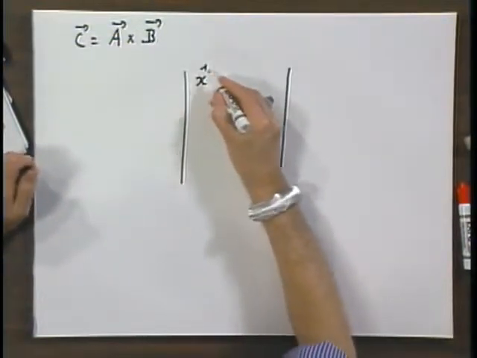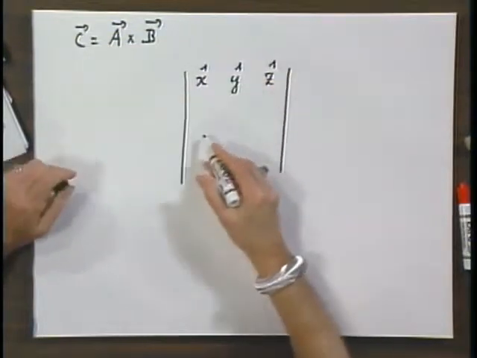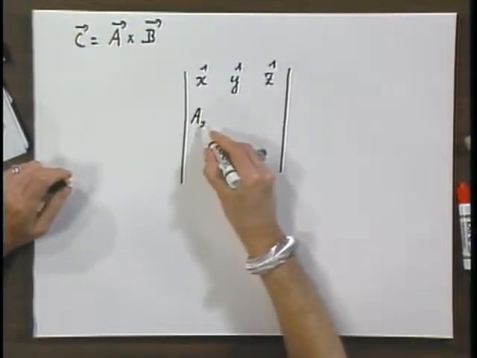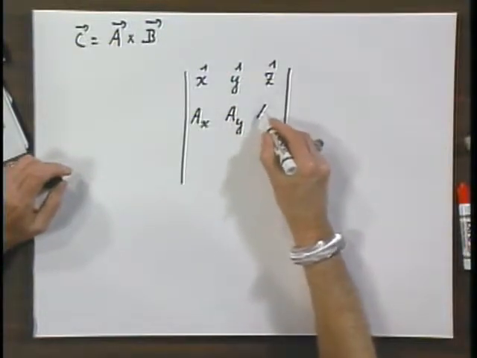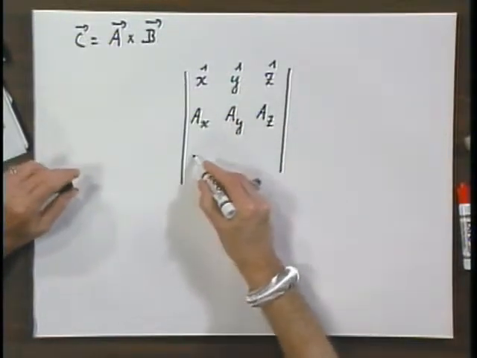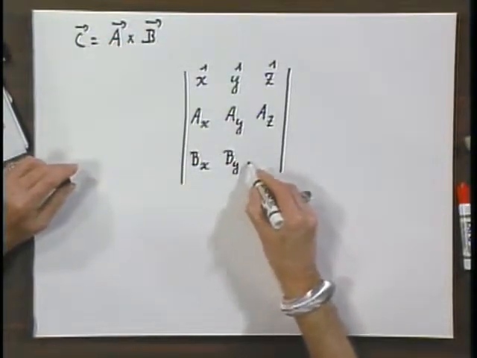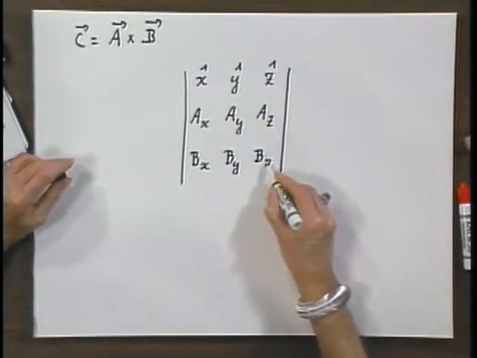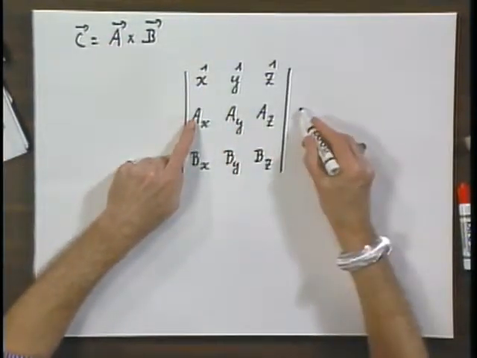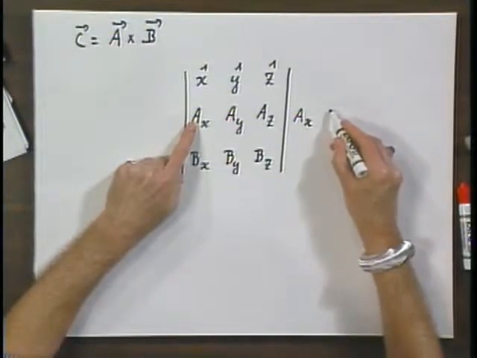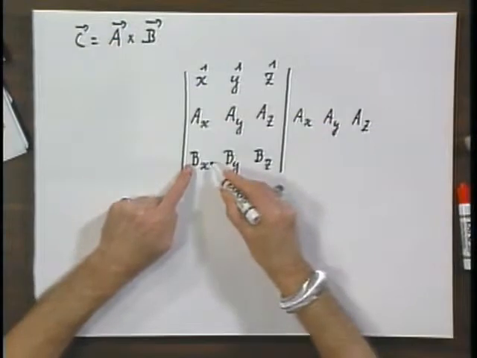I write down x roof, y roof, z roof, A of x, A of y, A of z, B of x, B of y, B of z. But I repeat this here. Looks like a bit of hocus pocus, doesn't it? And I repeat this here.